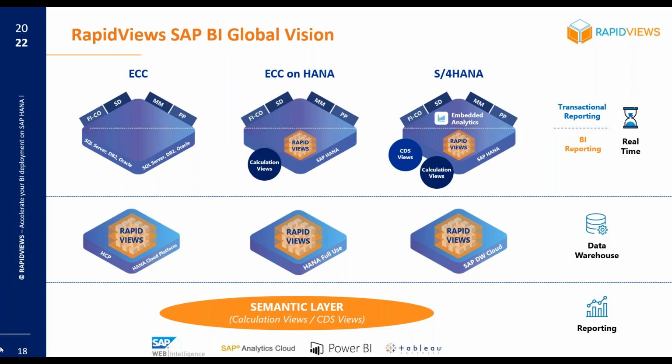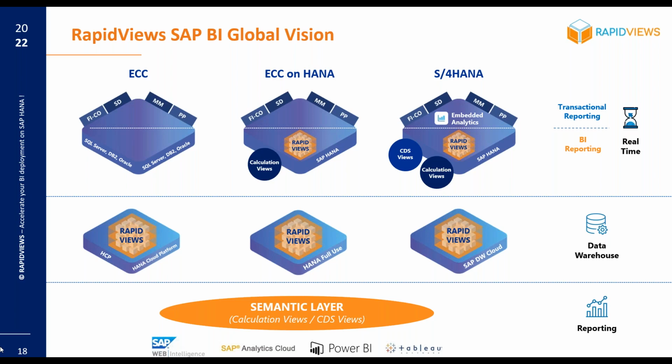And if you mix external data, then you can have Rapidviews on HANA Cloud Platform or HANA Full Use, or on SAP Data Warehouse Cloud, which is a different technology, but we have the certification for the same kind of business content for SAP Data Warehouse Cloud.